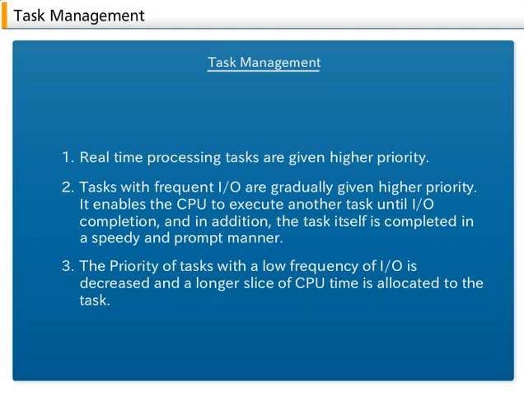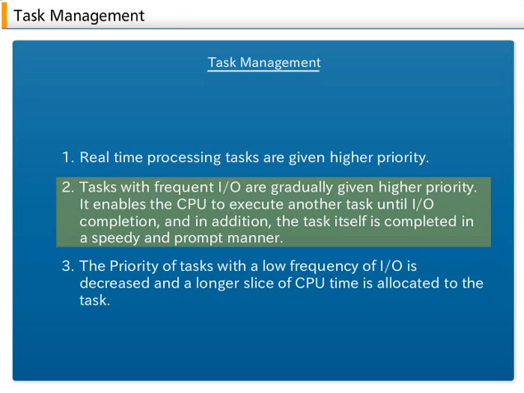The priority of each task can be changed or adjusted dynamically during execution. The following operation is used for this. 1. A real-time processing task is given higher priority. 2. Tasks with frequent input-output are gradually given higher priority.